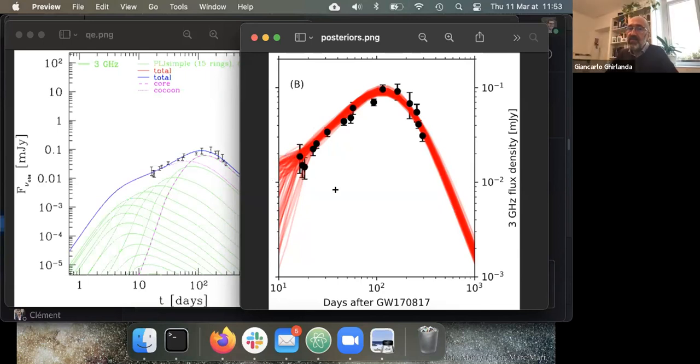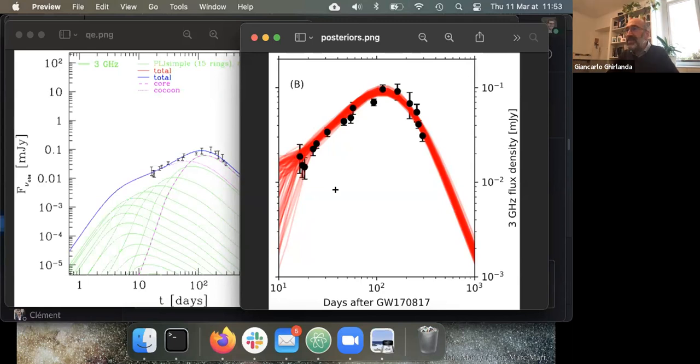As you say, the very, very early phases, in the very simplified case in which you assume a single structure, its slope is basically dominated by the emission along your line of sight. So it just depends on the patch of the jet with its kinetic energy, with its Lorentz factor along the line of sight.